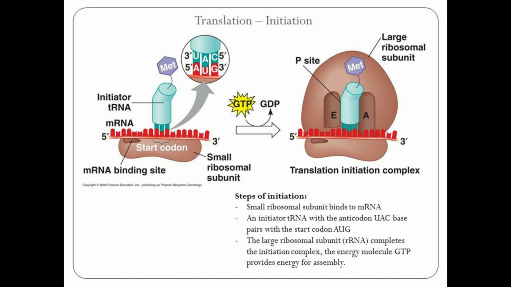So, if we take the steps of initiation in a nutshell, binding of the smaller ribosomal subunit to the mRNA, then an initiator tRNA with the anticodon UAC base pairs with the start codon AUG on the mRNA, where on the left side you can see the codon-anticodon pairing, that is AUG on the mRNA, the initiation codon, and UAC on the methionine tRNA.